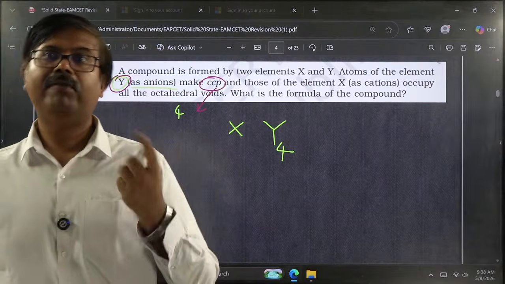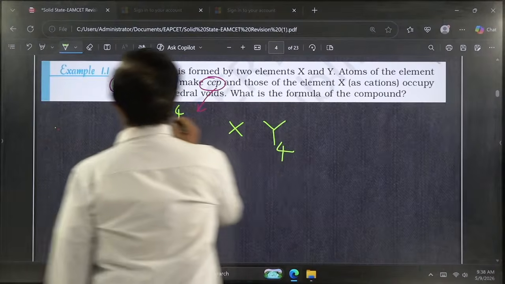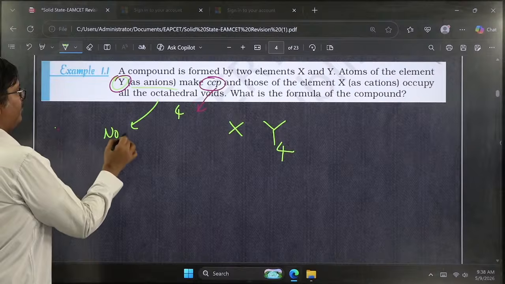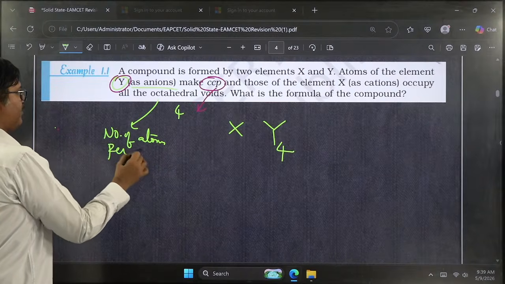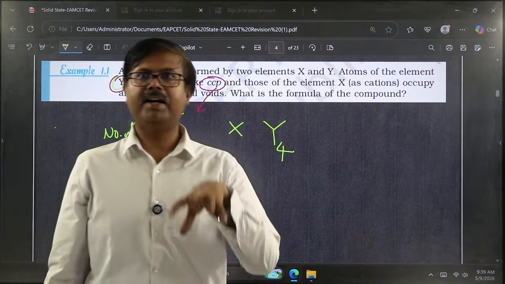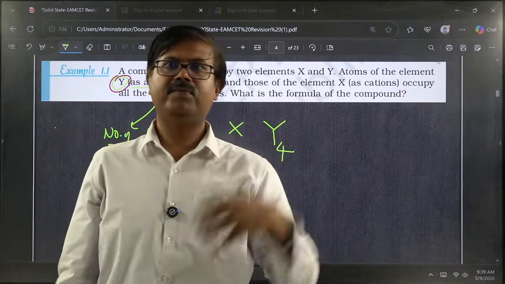Number of octahedral voids we know is equal to the number of atoms per unit cell, the CCP atoms making up the lattice. That many voids will be there.